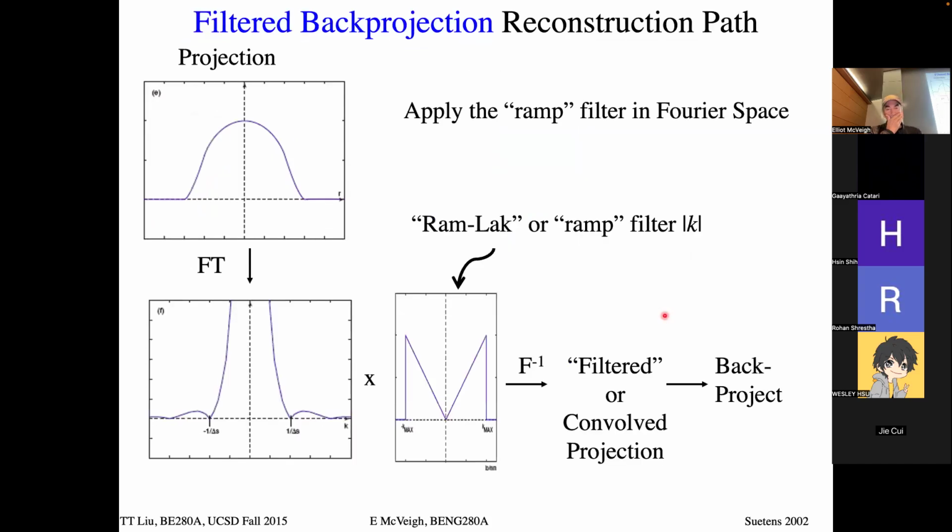Another way of doing it, and this is where your question comes in, is let's look in the Fourier domain using the projection slice theorem. We go through and look at a sample through the Fourier domain. We multiply it, as we did in that formula, by k.